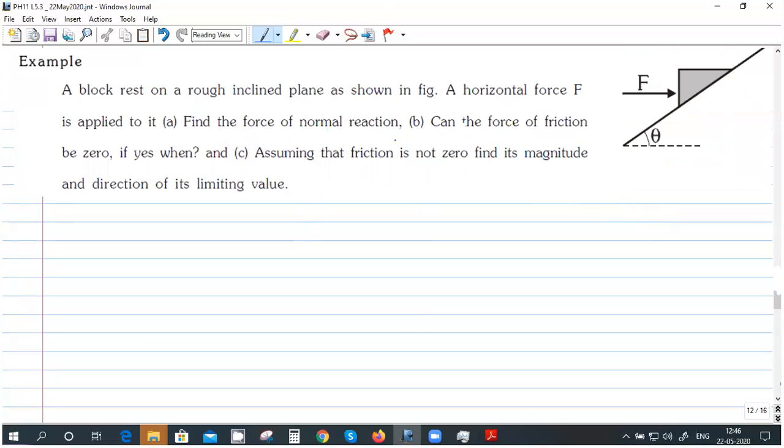Okay, a block is addressed on a rough inclined plane. A horizontal force is applied. Find the force of normal reaction. Find also whether friction can be zero. If yes, when? Assume friction is not zero and find the limiting value. So the normal reaction is this way, and the weight is downwards.